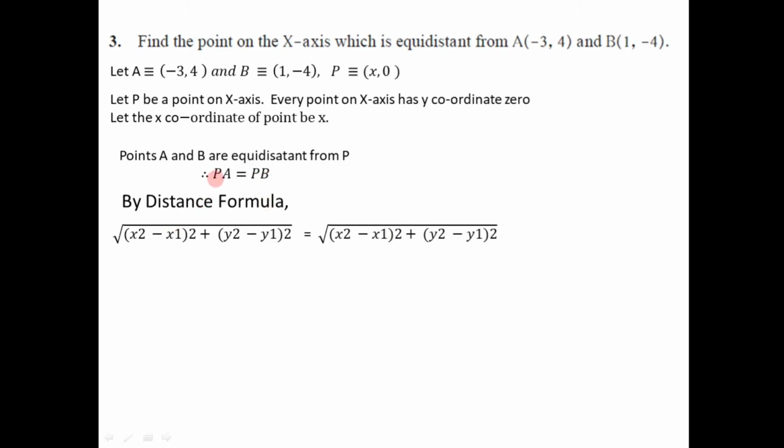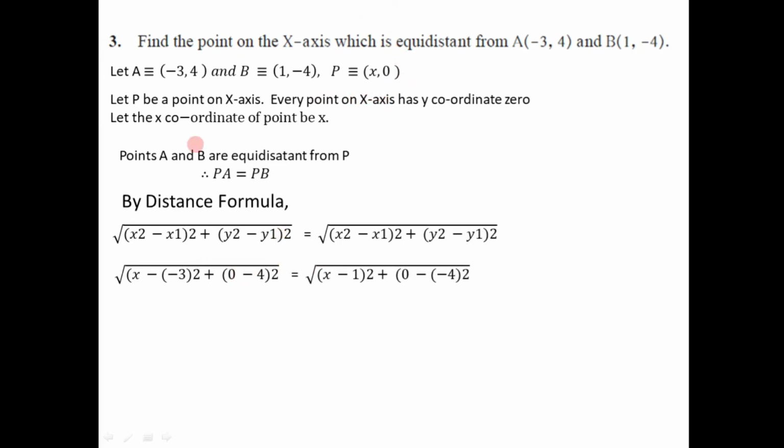Now as we are considering the distance between point P and A, we should have the coordinates of point A be x1, y1 and coordinates of P as x2, y2. So if we replace here x2, that is x, minus x1 is minus 3, so that should be in bracket square, plus y2 is 0 because we have assumed here the coordinates of P to be x2, y2.